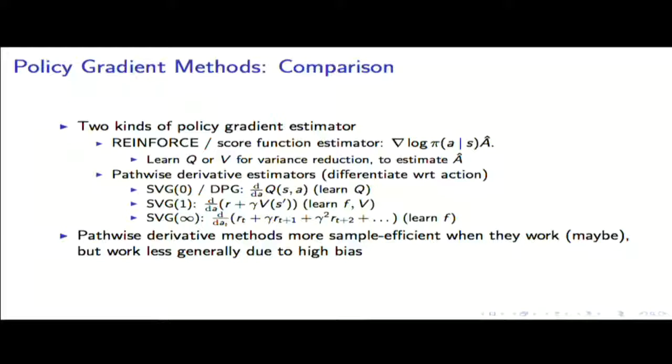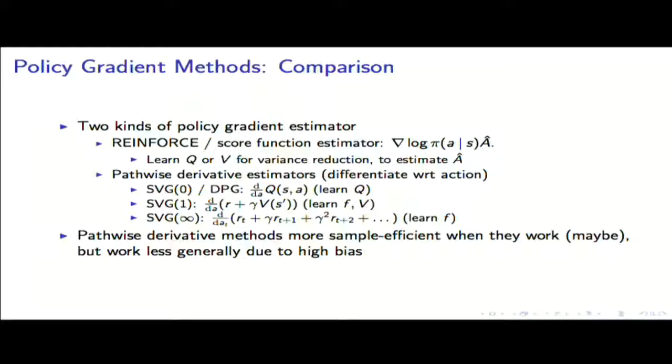And the other issue with them is we're fitting the Q function and the value function using squared error. So we're writing down the squared error of the Q function and fitting it that way. But that's not necessarily what matters for getting low bias or low variance for our estimator, because what we're actually taking is the derivative of the value function. So in SVG0 or SVG1, we're taking the gradient of the value function.